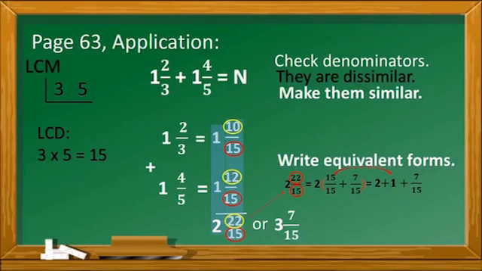We add the whole numbers 2 and 1, that becomes 3. And then we copy 7/15. That's why our final answer for 1 2/3 plus 1 4/5 is equal to 3 7/15.